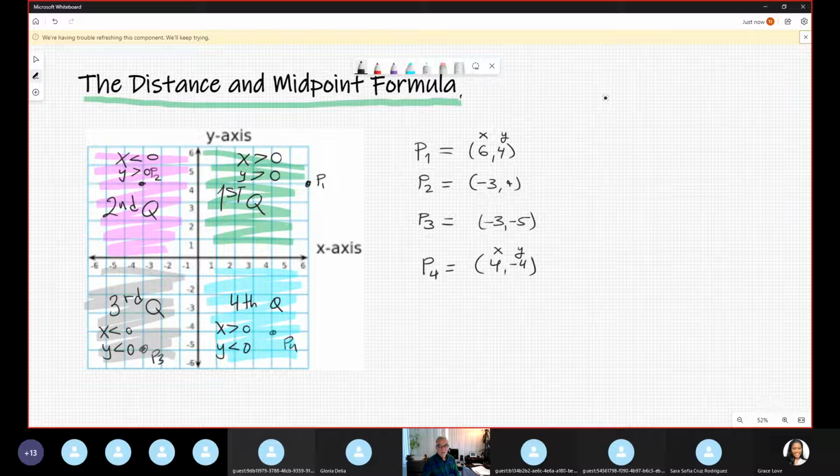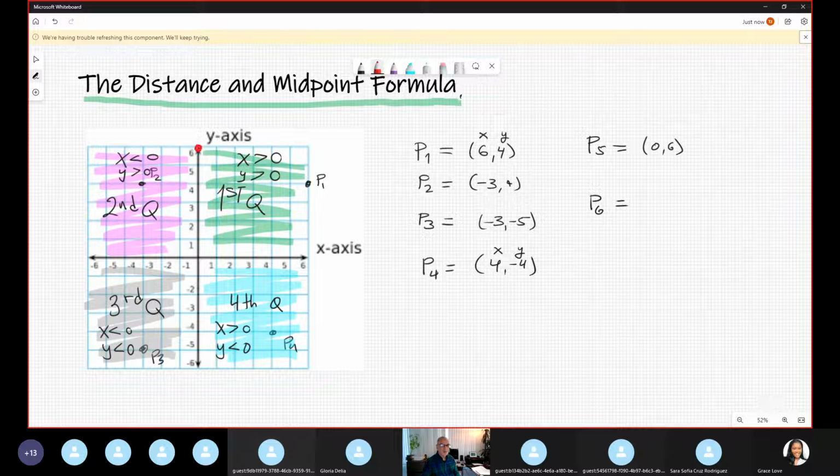There are some special points, for example P5 and P6. They are located exactly on the boundary of the quadrants, so they don't belong to any quadrant. They are on the x-axis or on the y-axis. For example, (0, 6) is here.